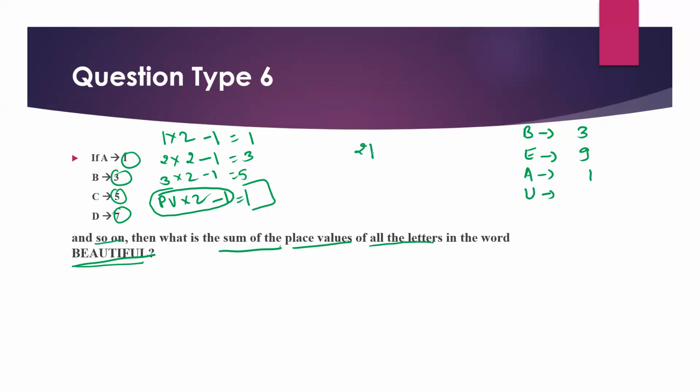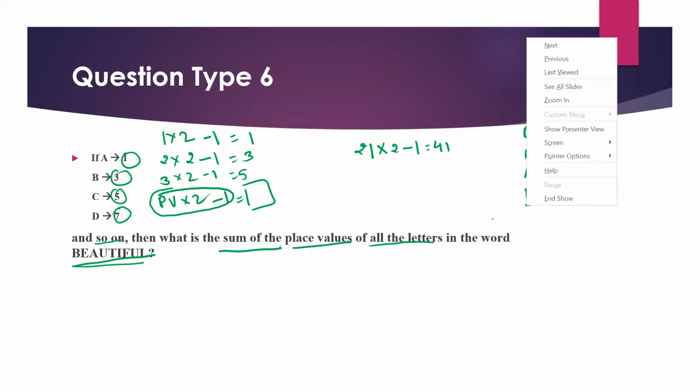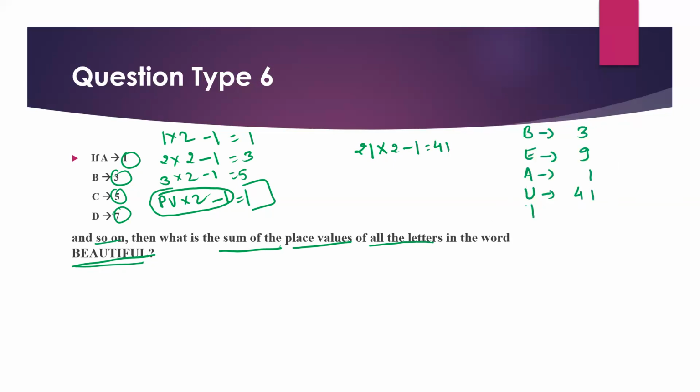T is 20, then U will be 21. 21 into 2, 42. 42 less 1, we are getting what? 41. So U will change to 41. After U, we have T. What is the place value of T? 20 into 2, 40. 40 less 1 is equal to what? 39. Correct? So T will be changed to 39.